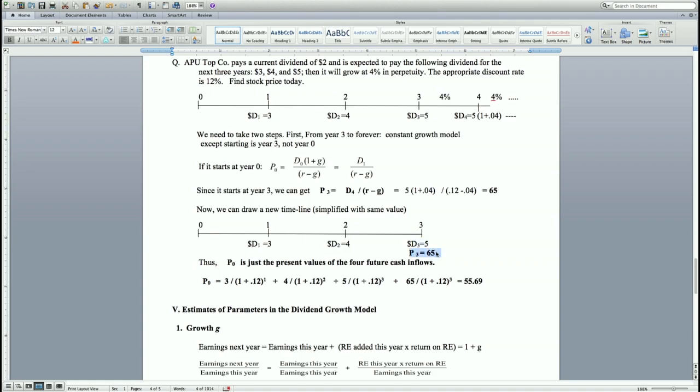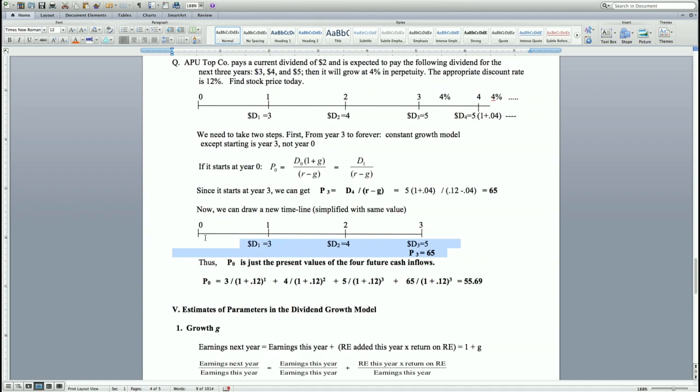Another way, if we sell the stock, we can get $65. In terms of value, those numbers, $3, $4, $5, and $65, are the same cash inflow as the original question. So now we have simplified to only 4 cash inflows if you buy the stock. Only 4. Then the final job is what?